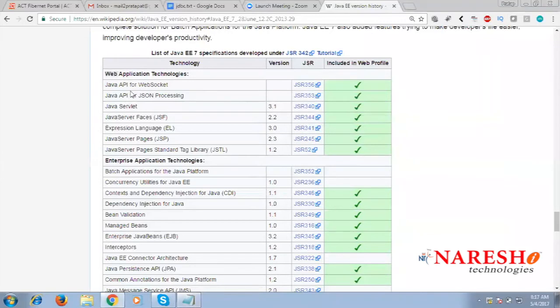But if you look, there are many web application related technologies. You can see here we have Java servlet, Java Server Faces, Expression Language EL, JSP, JSTL, the Java API for JSON processing, and the Java API for WebSocket. So it is around 7 to 8 different technologies.